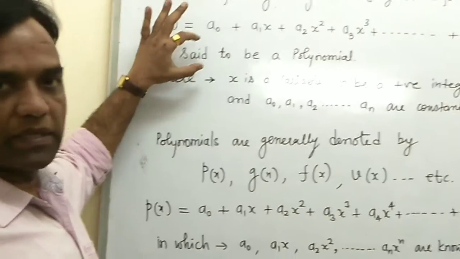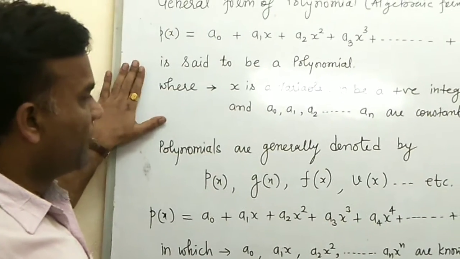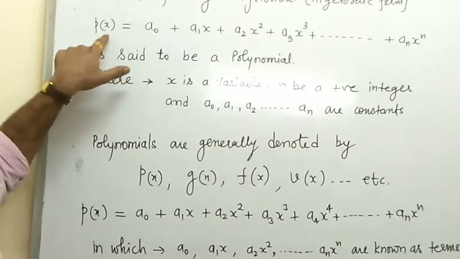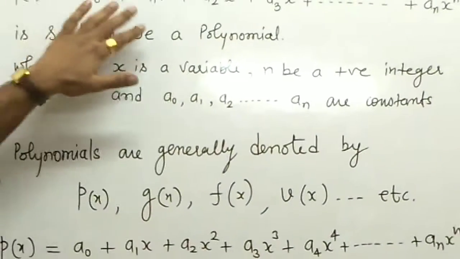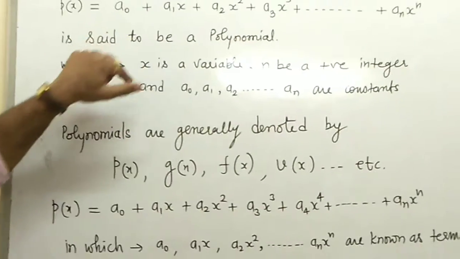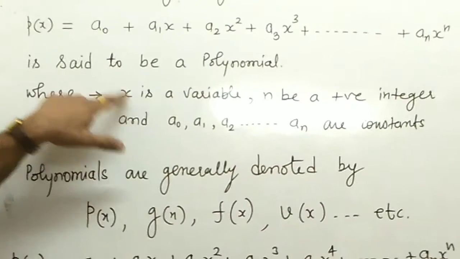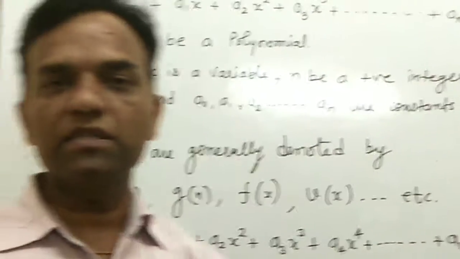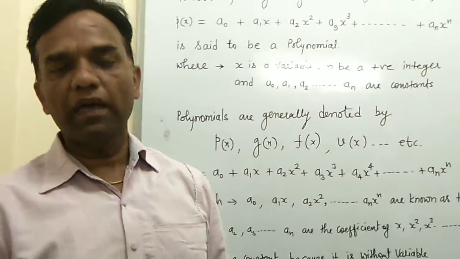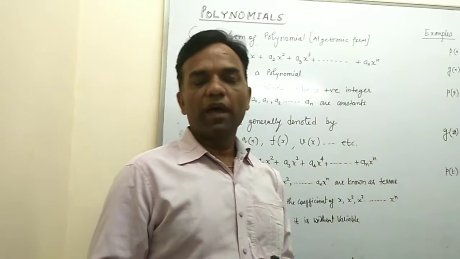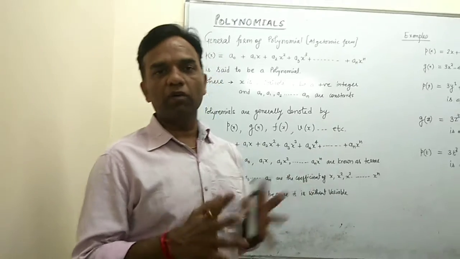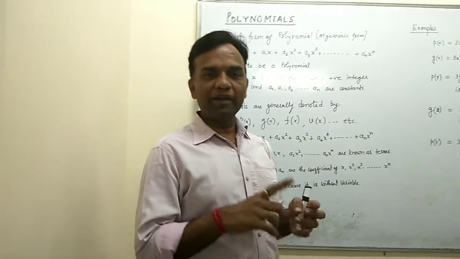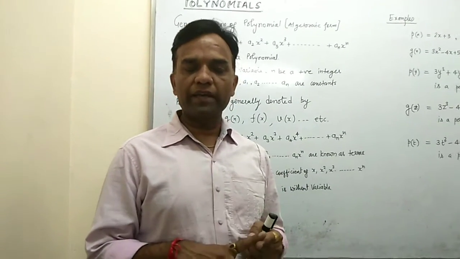In this polynomial we use the variable x, so x is a variable and n is a positive integer. This is very important. n means the exponent, and for a polynomial the exponent must always be a positive integer, not rational and not negative.